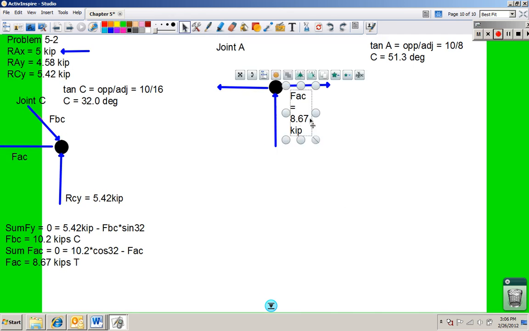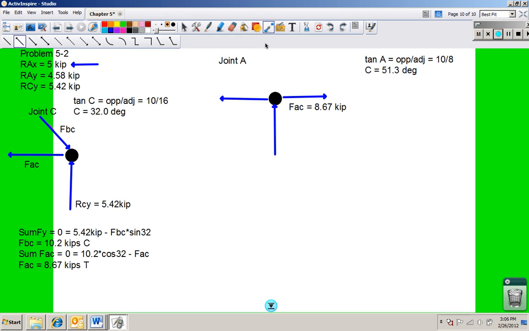Now we also know that we have FAB acting here. So we know that it has a Y component that has to counteract this, so we know that it's got to act in a downward force.